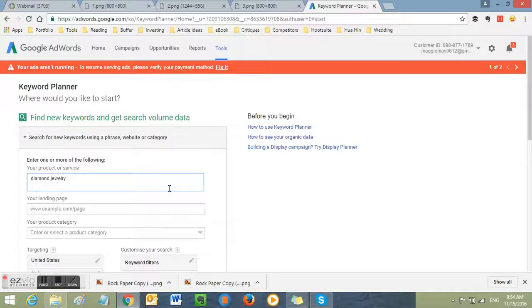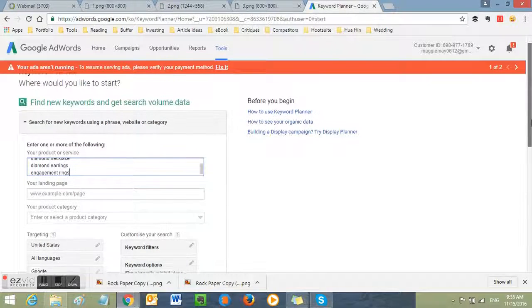So diamond jewelry, diamond necklace, diamond earrings, obviously engagement rings, and this is a good start. You can put as many keywords as you want. You can put 20, 30, 40 combinations. That's not a problem. This is just to give you an idea of what to do.